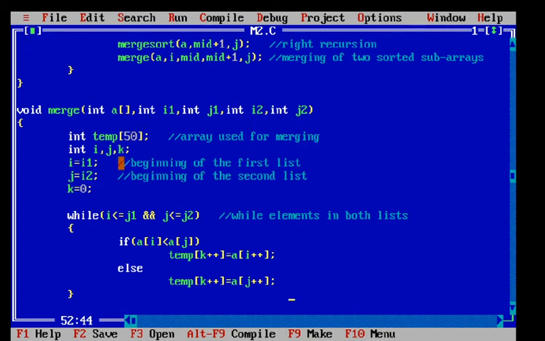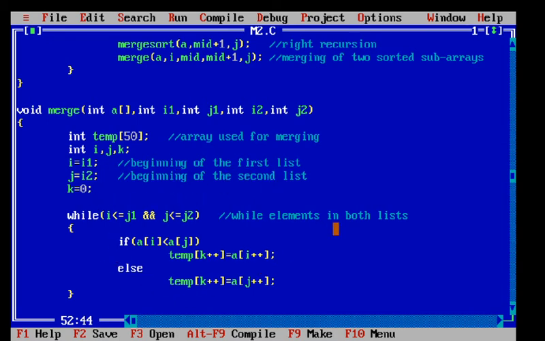Here again I take an array used for merging, temp, and assign the size 50. Now I take three variables i, j and k. i is assigned i1, j is assigned i2. i1 is the beginning of the first list and i2 is the beginning of the second list, and k is assigned 0.